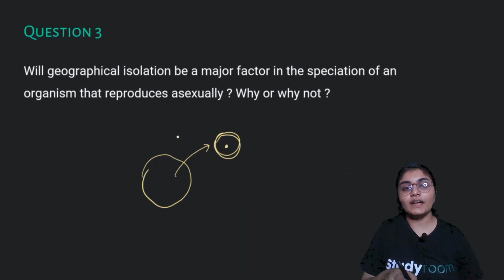So that is why geographical isolation will not be a major factor in the speciation of an organism that reproduces asexually.